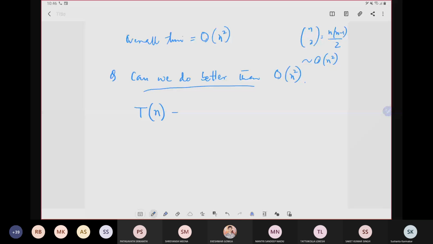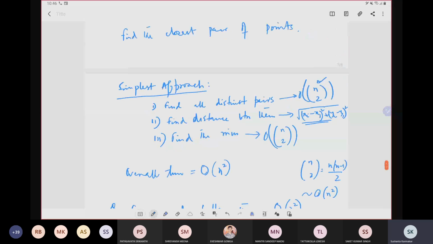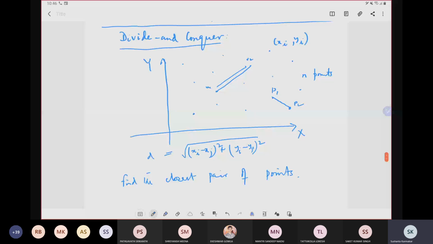And if we can represent this as 2 times Tn by 2, the idea means we partition all these points into two sets. We make a partitioning of this set of points, roughly half points.